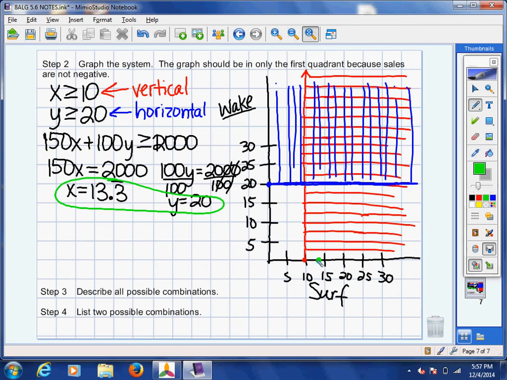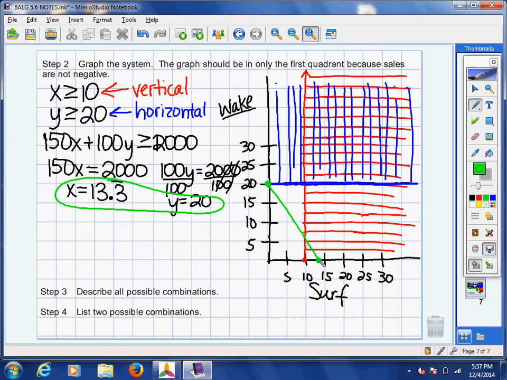And then y is 20, okay? And then I need to draw a solid line between them. Got it? Okay. And now I got to figure out my shading.